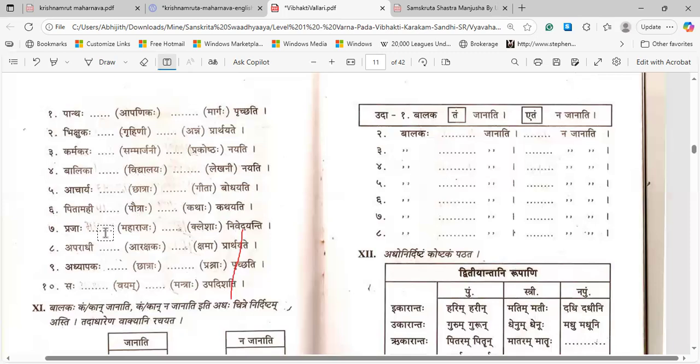Prajaha Maharajam Kleshan nivedayanti, seeking interference. Then aparadhi arakshakam kshamam, the aparadhi seeking forgiveness. Adhyapakaha chhatran prashnan, this has already been done. So meaning wise, I think all the words we have discussed.